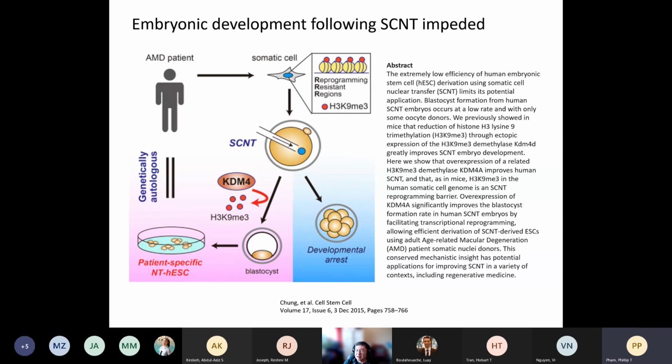Imprinting is just one, I would say quite a drastic phenotype in epigenetics. Basically, one chromosome does not get the gene expressed, either the paternal or the maternal.